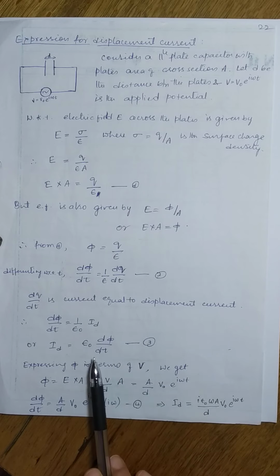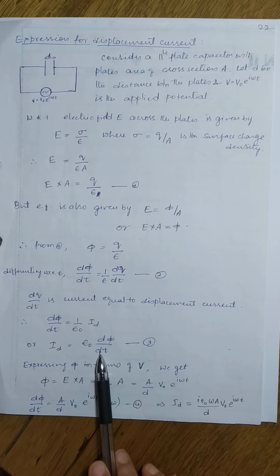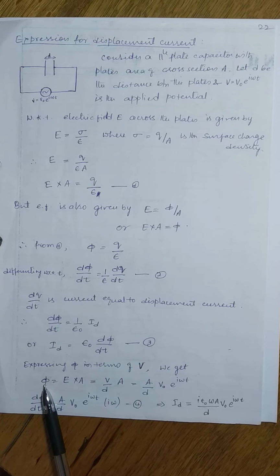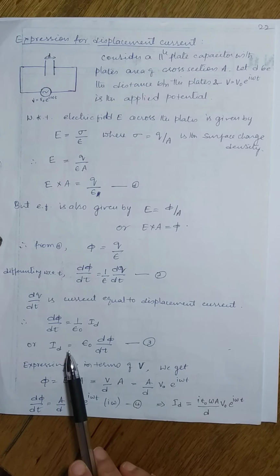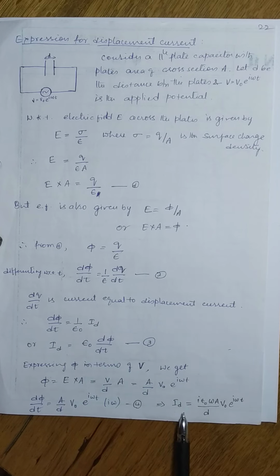And in equation 3, since we have d xi by dt, let us differentiate this with respect to time t. d xi by dt is equal to A by d V0 e to the power of i omega t and the coefficient of time t, that is i into omega. Taking this as equation 4, substituting it back into equation 3, we can express displacement current in terms of the voltage applied across the plates of the capacitor.